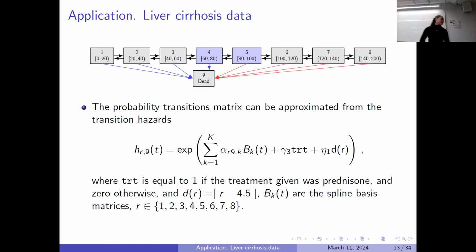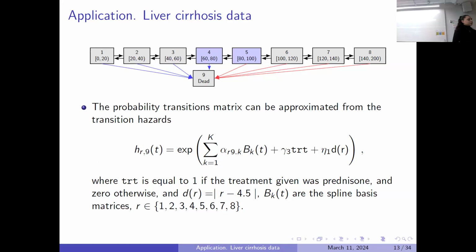All right, Alicia has some questions as well. She's asking, in the liver cirrhosis case study, first of all, is the effect of time specified using splines also in the living transitions? And if so, do the constraints across transitions apply to the spline parameters too, or just the treatment effect? No, so these splines were only fitted for the hazard for death.